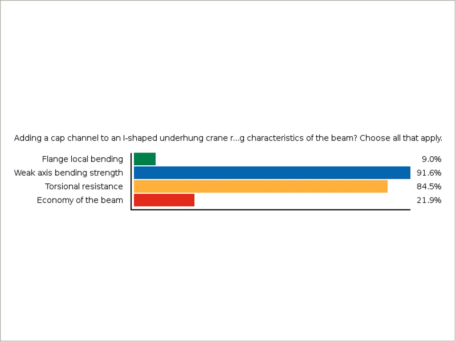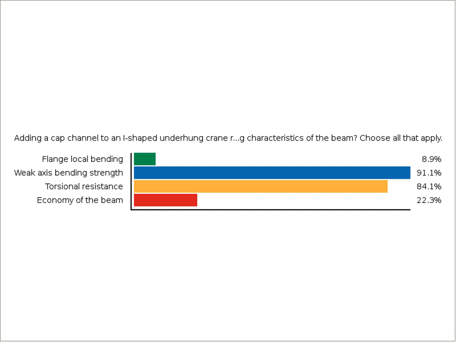The economy of the beam could be an answer, depending on if you can reduce the overall weight of the runway by about 20 pounds per foot, then you would be increasing the economy of the entire system. So that is a could-be answer. Otherwise, the weak axis bending strength and the torsional resistance would be improved by the cap channel.